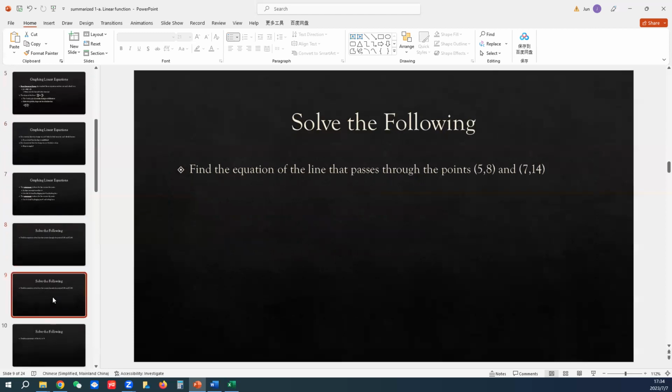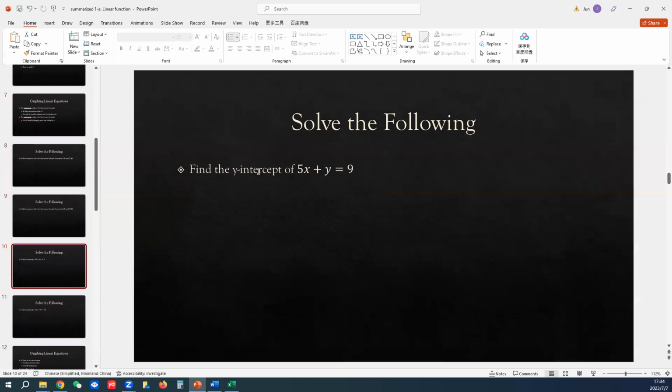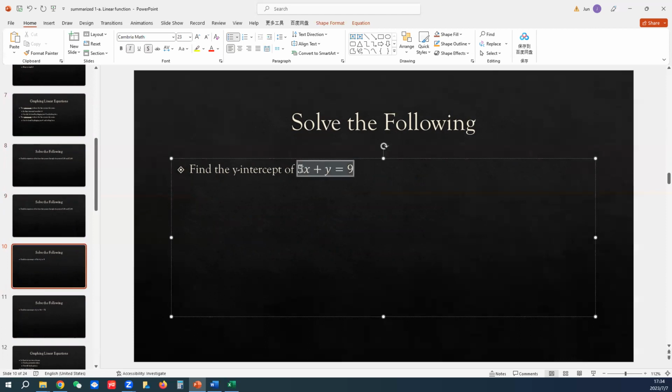Okay, so let's look at this example. Find the y-intercept of this one. So this is a standard form for now. The easiest way for us to find the y-intercept is to convert this into slope-intercept form, which in that case is y equals minus 5x plus 9.